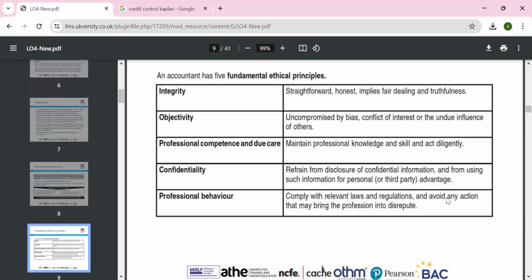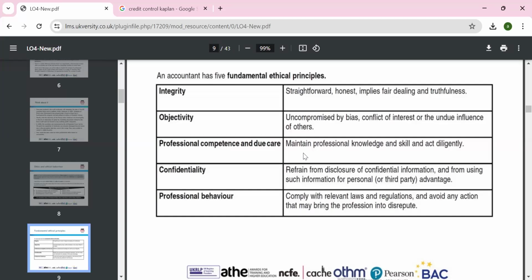Comply with the relevant rules and legislation, and avoid actions that may bring the profession into disrepute. The second P is maintaining professional knowledge, and you carry on doing CPD because the Finance Act changes every year. If we're not aware of it, that's a problem, especially if you're working in practice, so it's crucial.